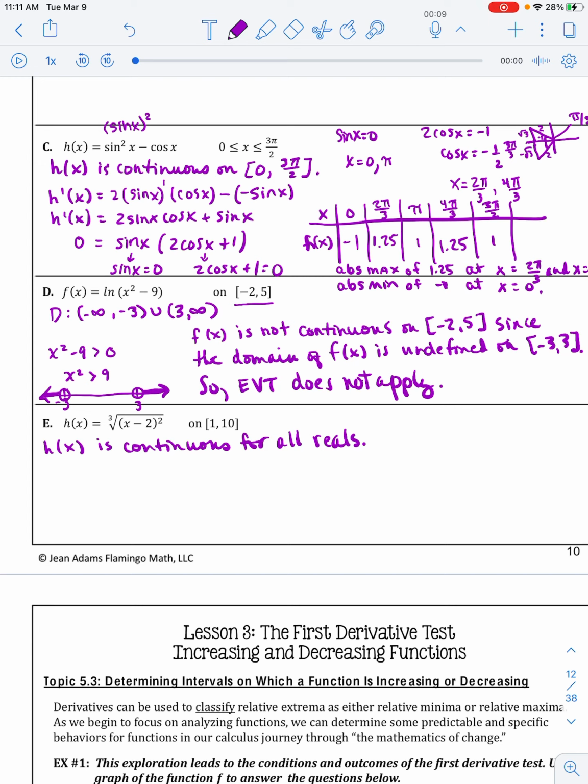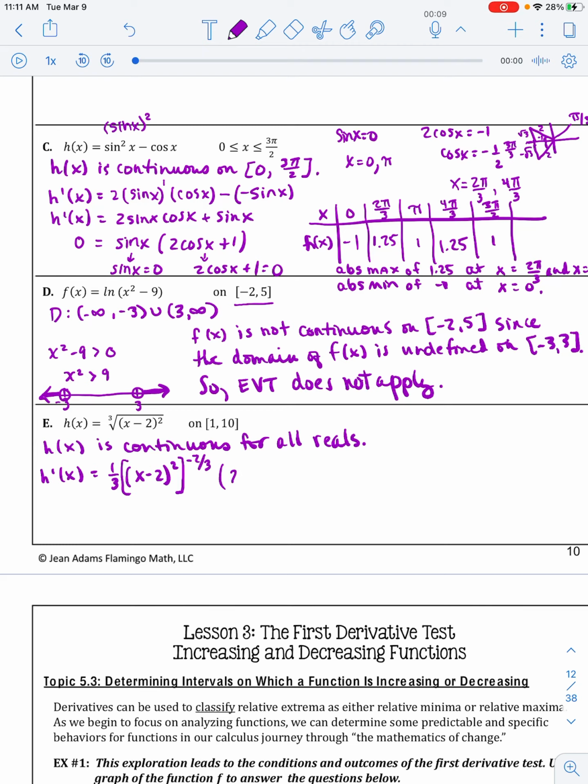Because it's a cube root, I don't have to worry about negatives underneath the root or anything like that. And so now I'm going to go straight to taking that derivative. So I bring the 1/3 down times (x minus 2 squared), let me put that in a bracket, to the 1/3 minus 3/3, which is going to be -2/3.